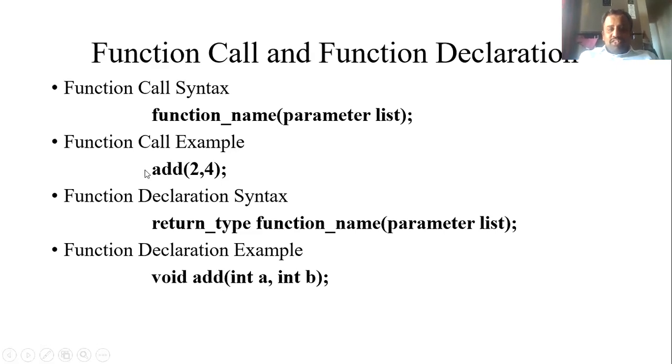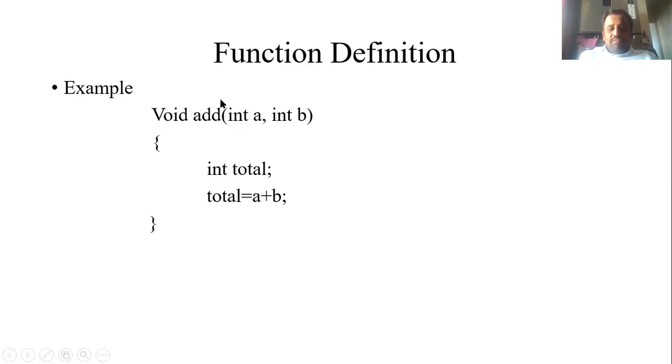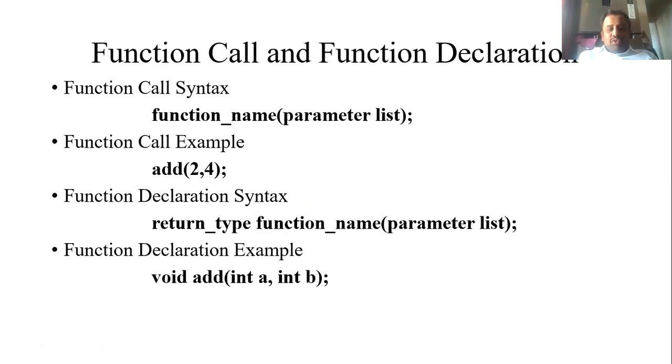Once the add function is called, immediately it will go and execute this function. Once executed, if there is no return value, here itself you can use the printf statement to print that total value. Then it will come back to your main program. So I need to call the function. So this is the add function.